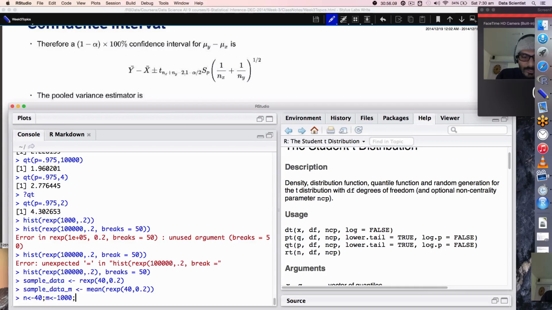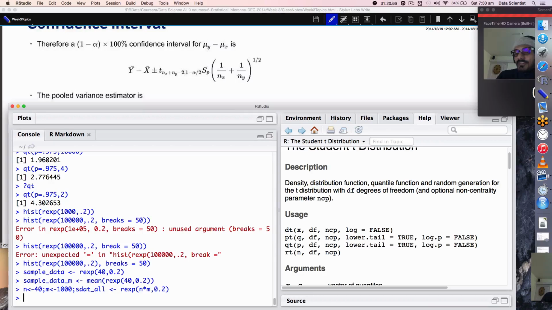Now I say my sample data all is rexp of n into m data points with a lambda of 0.2. So I've created my data. Now I will convert it into a matrix.